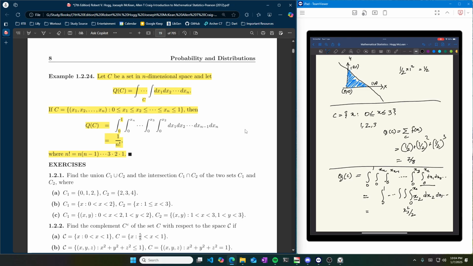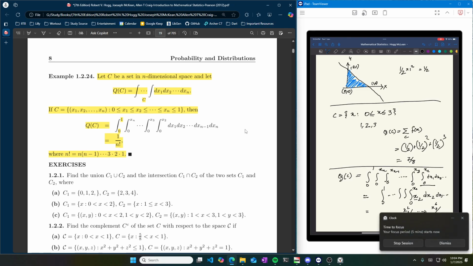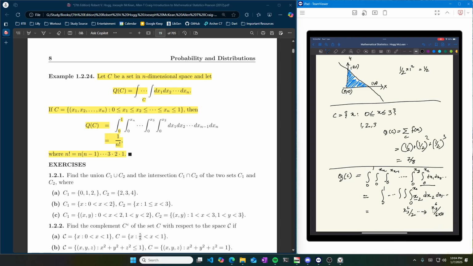So slowly it will become x7 to the power 6 divided by 6 into 5 into 4 into 3 into 1. So essentially it's just going to increase.